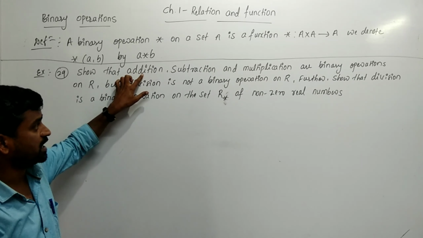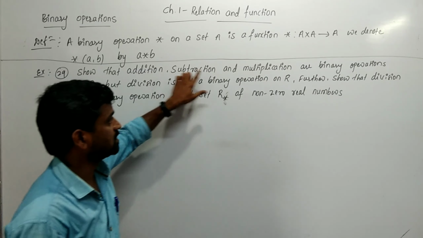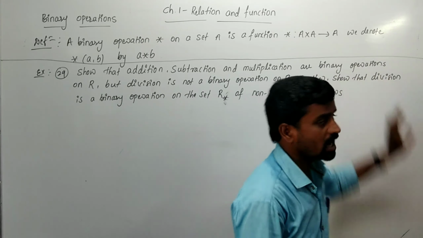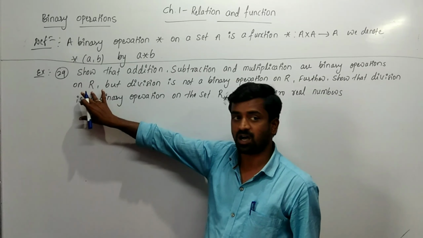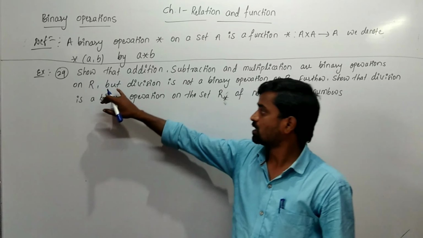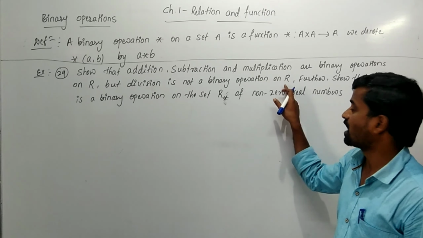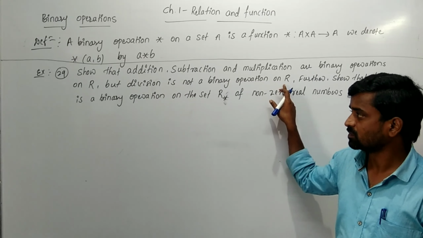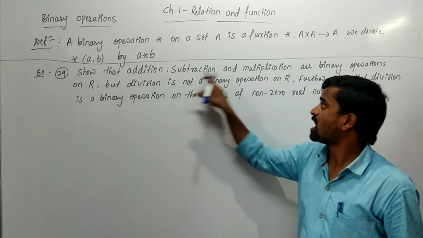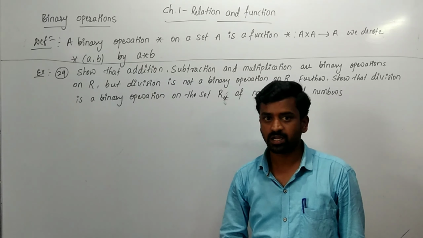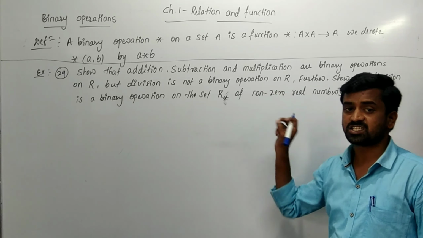Show that addition, subtraction and multiplication are binary operations on R, the real numbers, but division is not a binary operation on R. Only these 3 operations are binary operations on real numbers, but division is not.